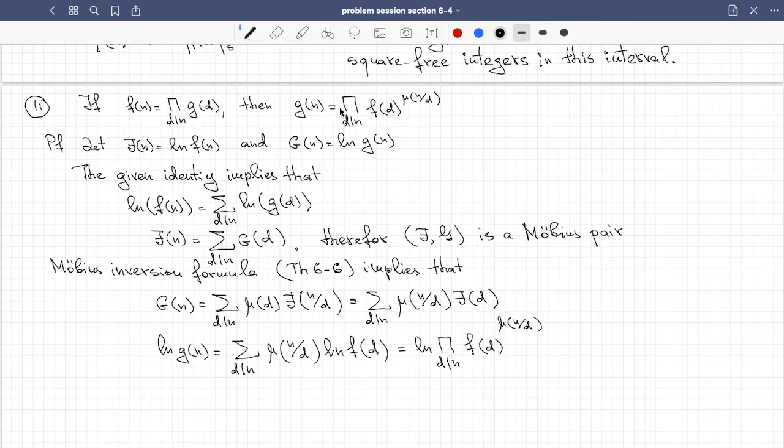Formally, we just take exponents of both sides, or if we want to be reckless, simply cross out these logarithms to get the desired identity.